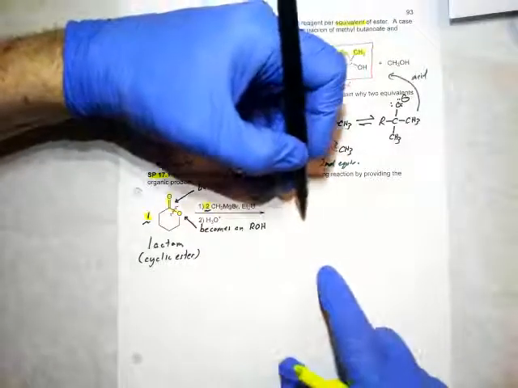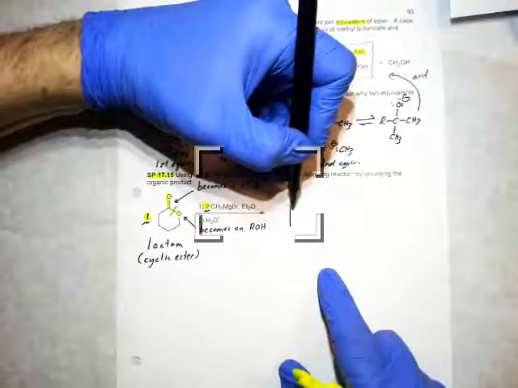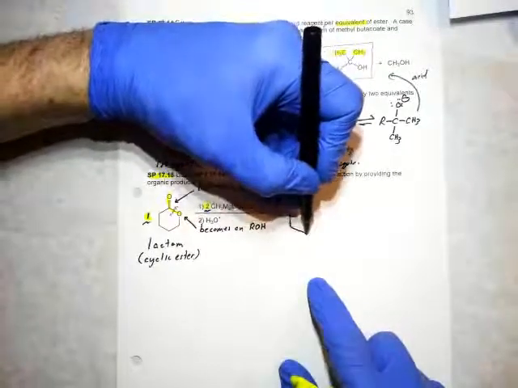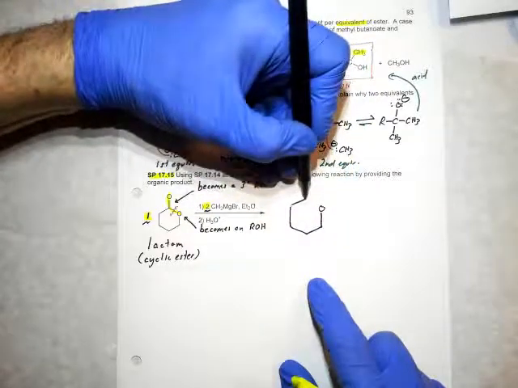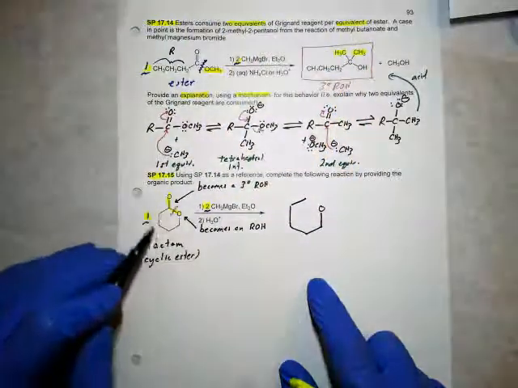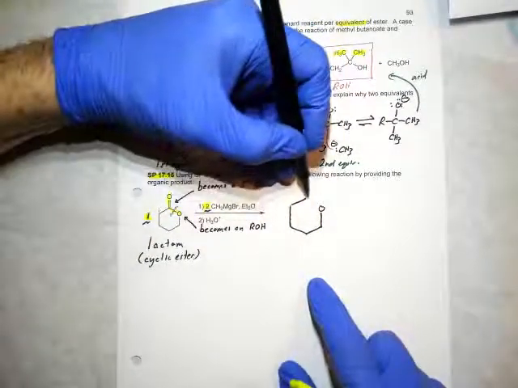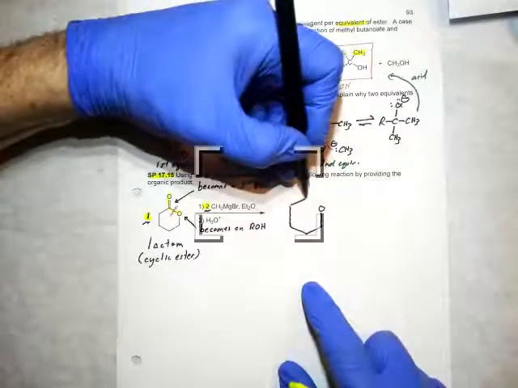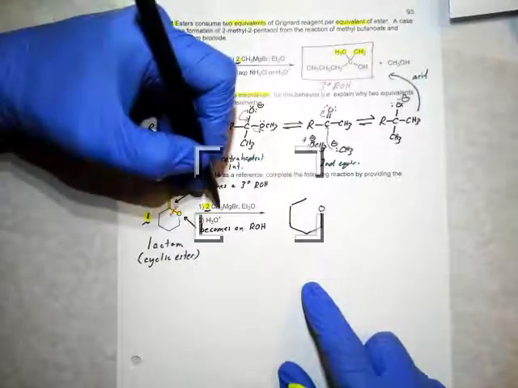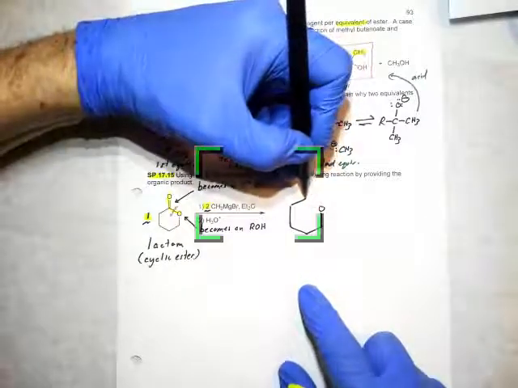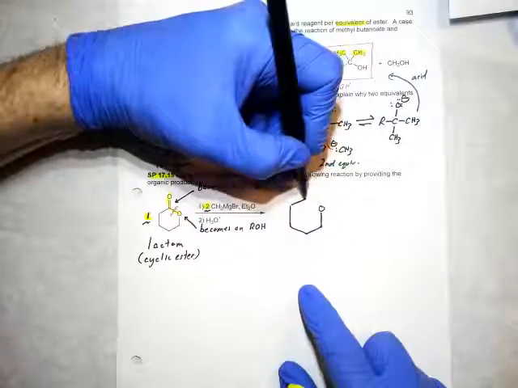Now, let me do it this way. I'm going to draw this a little bit bigger than we normally would do. There's your oxygen. And here's that part of the ring. So what did we just say? We said that this is going to become a tertiary alcohol because we're going to add 2 methyl groups. Let's go ahead and add our 2 methyl groups.